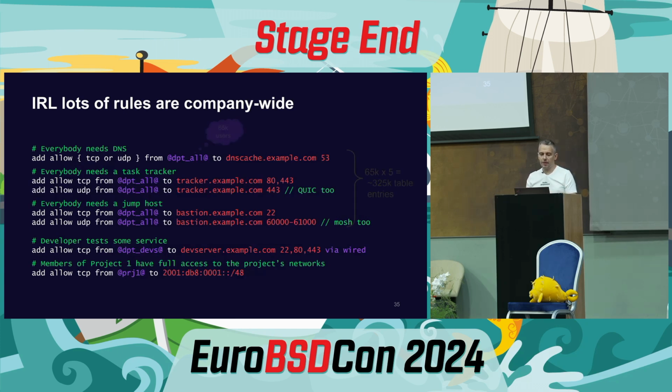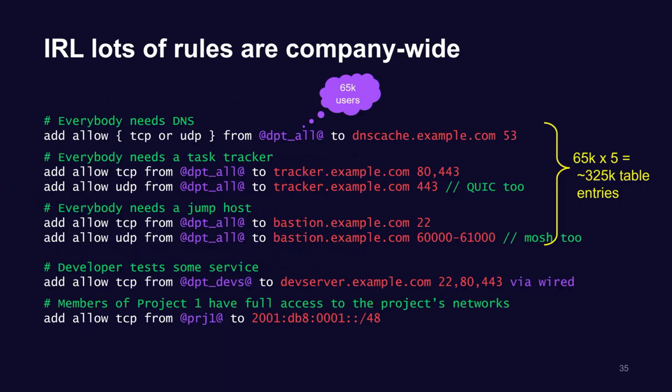And if we have like 65,000 employees, then these 5 rules will get us more than 300,000 table entries. And that is actually something to be optimized. If we're talking about smaller groups, well, it's still 25,000 entries, and that's not an option for us.